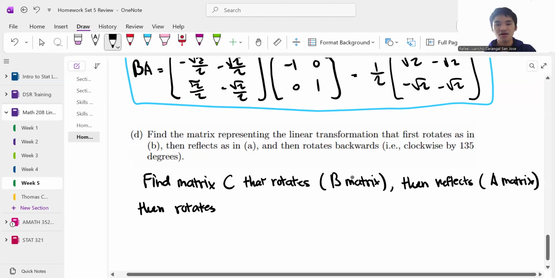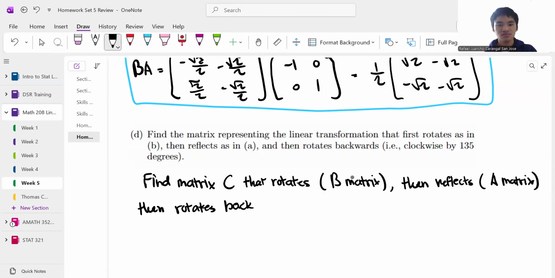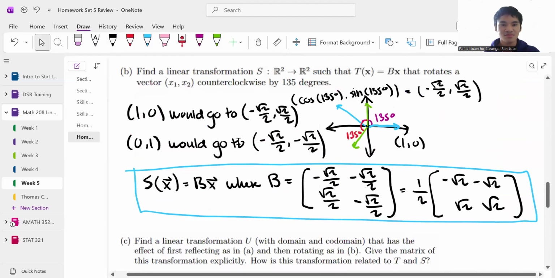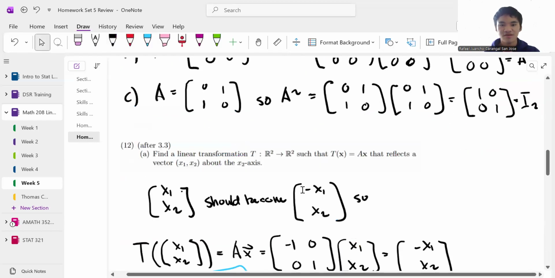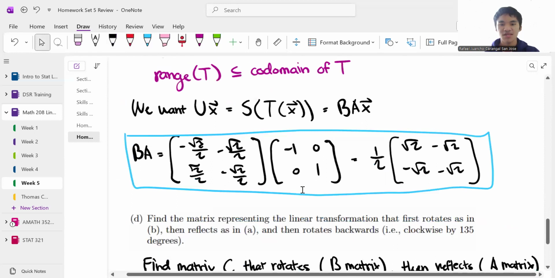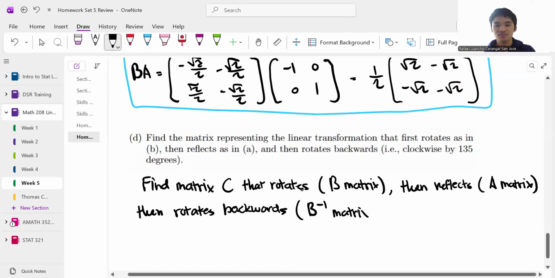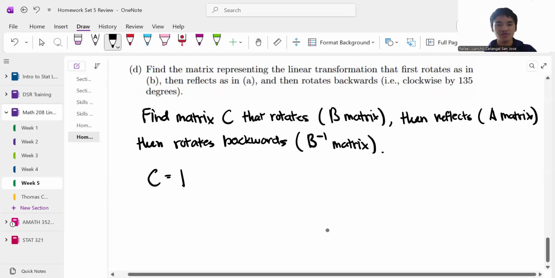Then rotates backwards. So now this is clockwise. And actually, it's just the B inverse, after 3.3. This is just actually the B inverse matrix. So putting it all together, we want this thing.